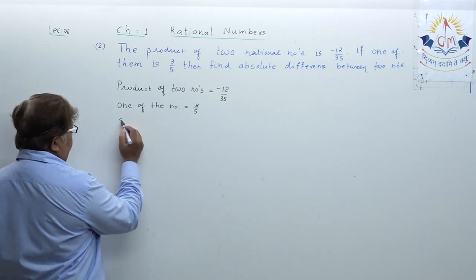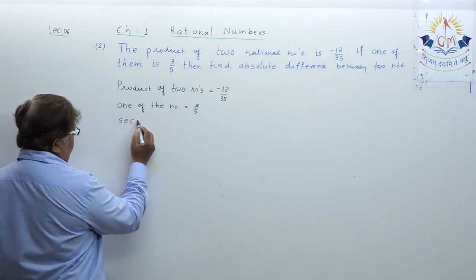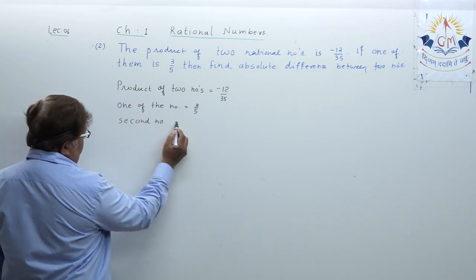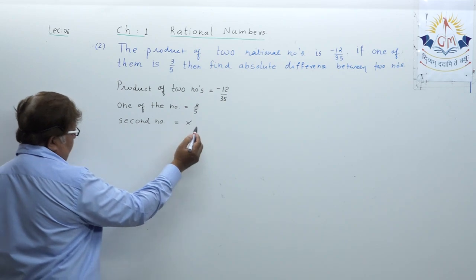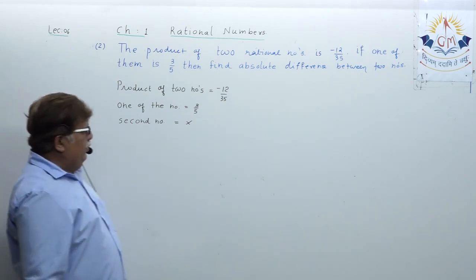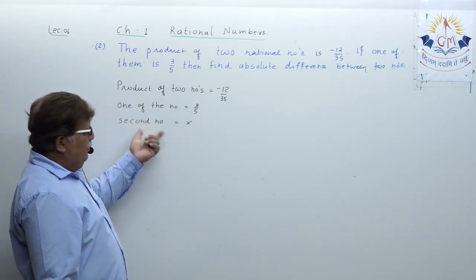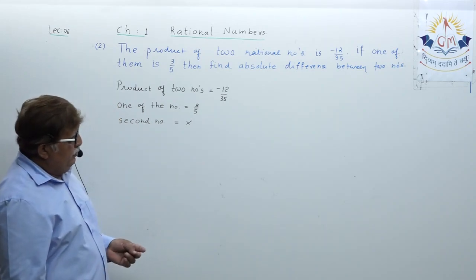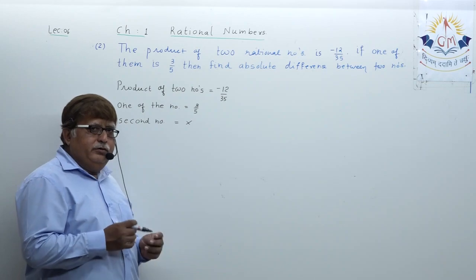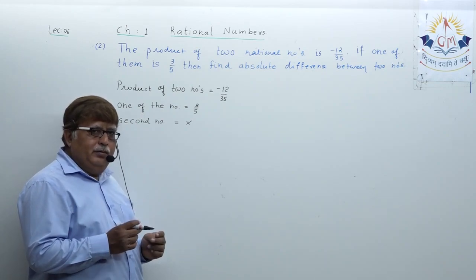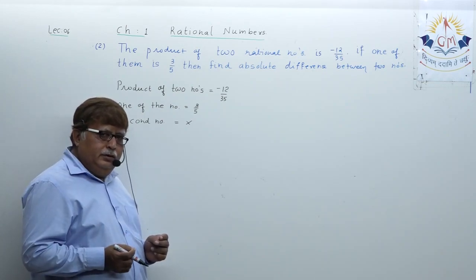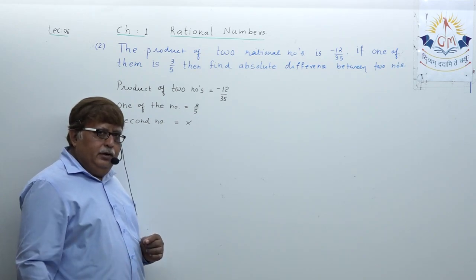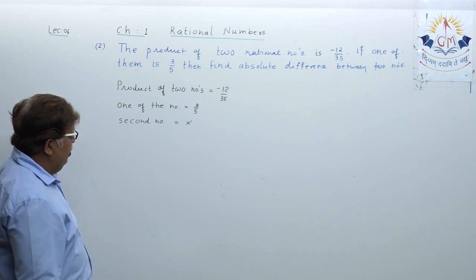Now dear student, second number, let we take x. You can also write this way, let the second number be x. I have no objection at all, but we will start the example by supposing the second rational number as x, okay?